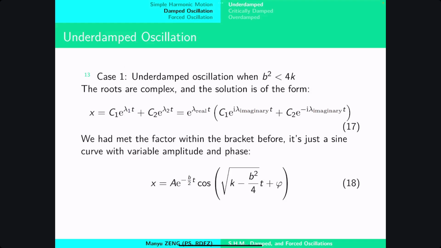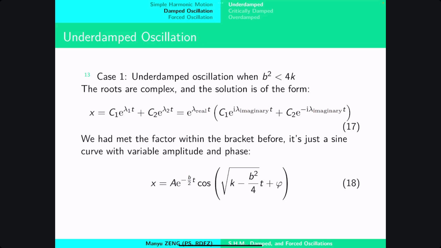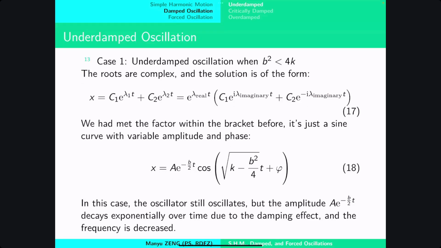So let's first see what the amplitude of this oscillation is, because now the oscillation not only contains the cosine and the amplitude, it also contains e to the power of negative b over 2 t. So let's see what it will do. There's still an amplitude. This is still an oscillation because there's a cosine. A cosine always gets to 0, gets to the maximum, gets to 0, gets to the minimum, just oscillating like that.